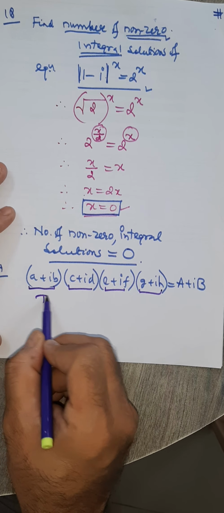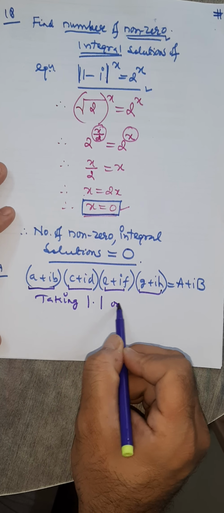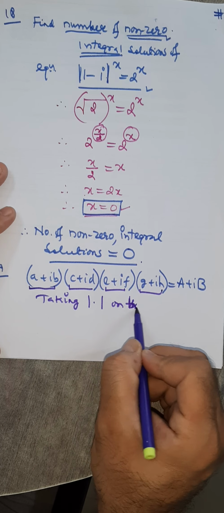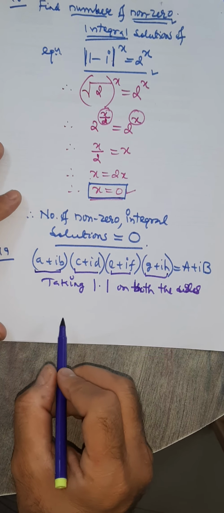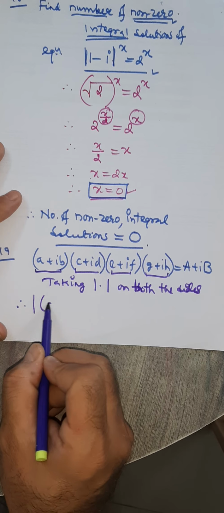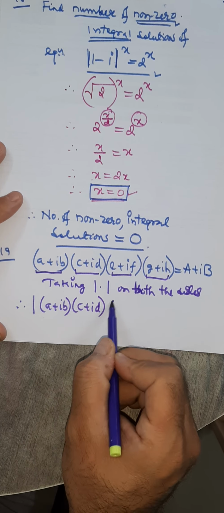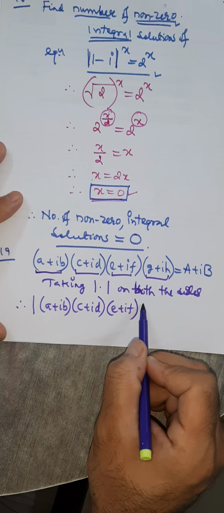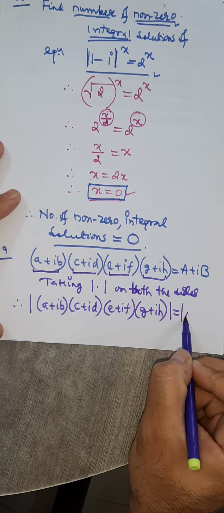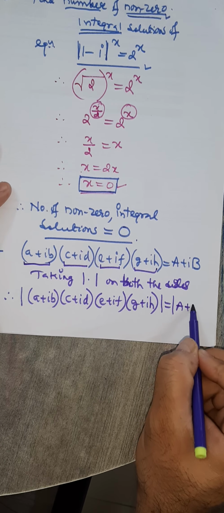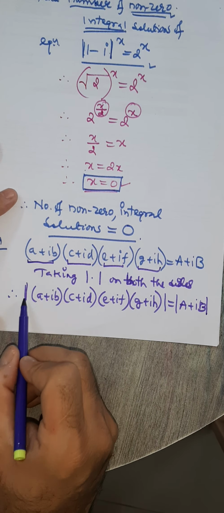So what we do is take the modulus on both sides. Magnitude means modulus. So what will we get here? Modulus of a plus ib, c plus id, e plus if, into g plus ih, equals modulus of a plus ib. Now this is the property of modulus.